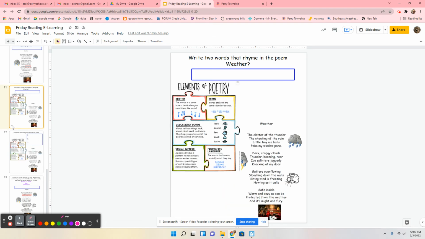Here we have our elements of poetry anchor chart. And on this element of poetry anchor chart, we have learned about rhythm, rhyme, describing words, visual patterns, and figurative language. Take a look at the poem Weather and say 2 words out loud that rhyme.